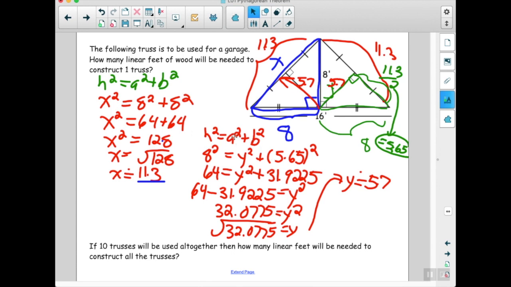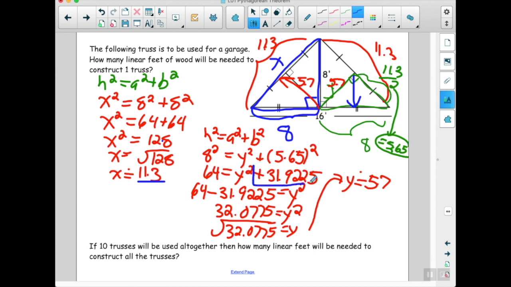Okay, we're back now. I started with my introduction. I meant to write it in green, but I wrote it in red, so I'm going to leave that. H squared equals a squared plus b squared. Should draw this on so that you can see. That is the hypotenuse. The hypotenuse is 8. Plugging in there, 8 squared equals y squared plus 5.65 all squared, since the legs are 5.65 and y over here is another leg. 8 squared is 64. 5.65 all squared is 31.9225.